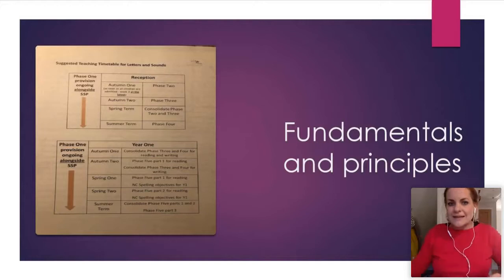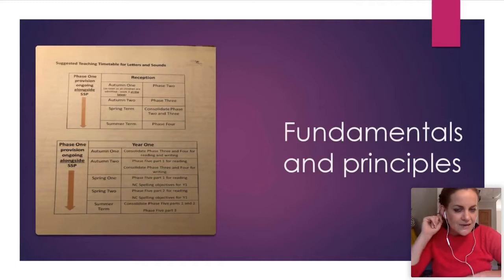So fundamentally, and the principles, as I said before, they've all got the exact same goal, and that's for children to crack the code. But these systems have been devised really carefully, chunk by chunk. Now, the expectation, as it is here with Letters and Sounds, is that Phase One is the ability to hear those individual sounds.